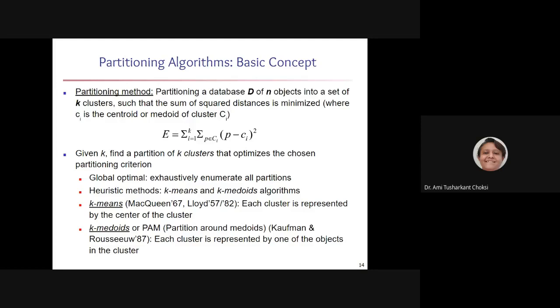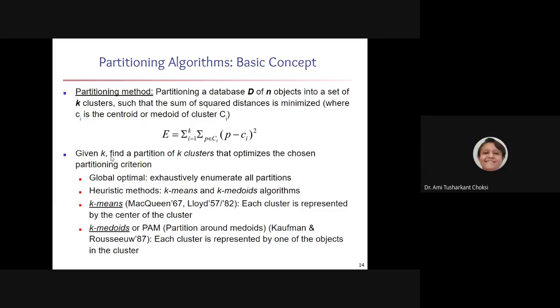So E is equal to sigma i equals 1 to k, sigma p belongs to Ci, of p minus Ci, whole square. What we are trying to do is minimize the squared distances. Fine.